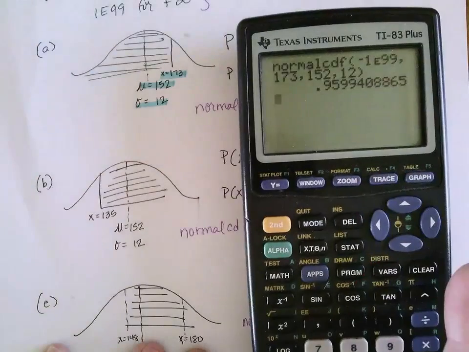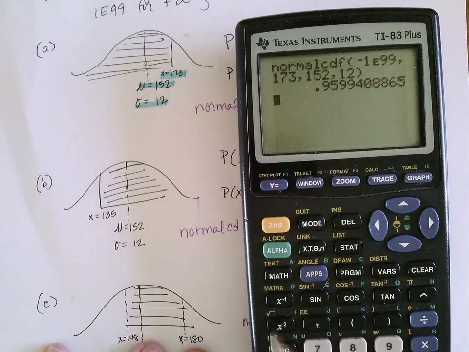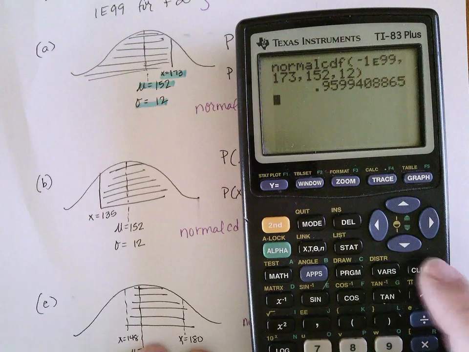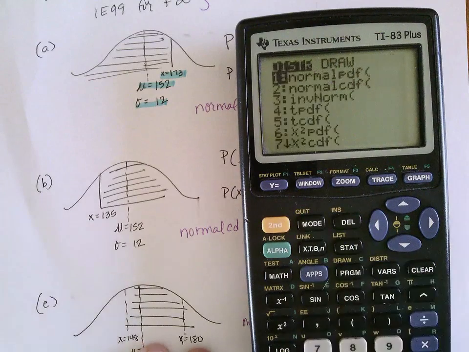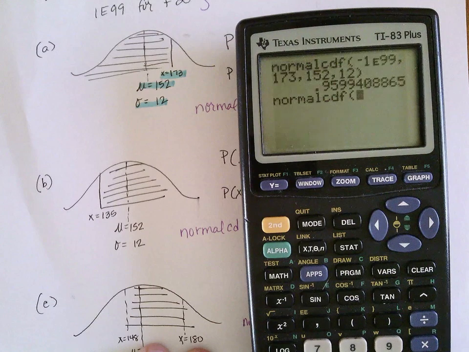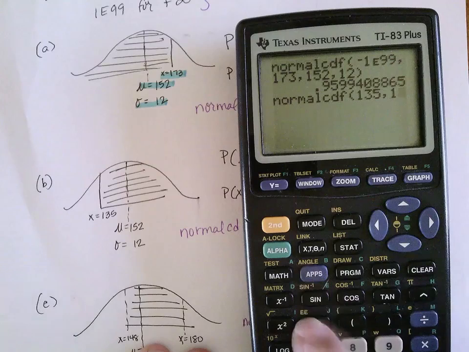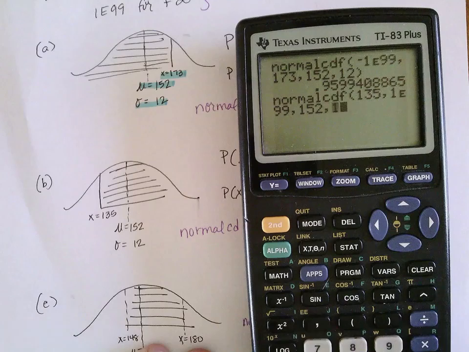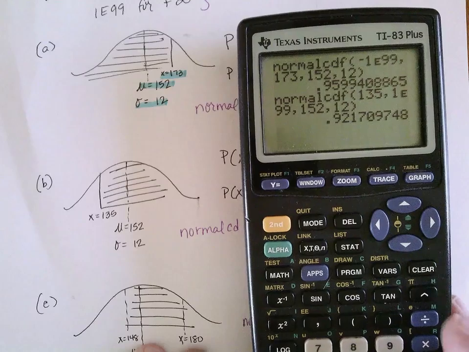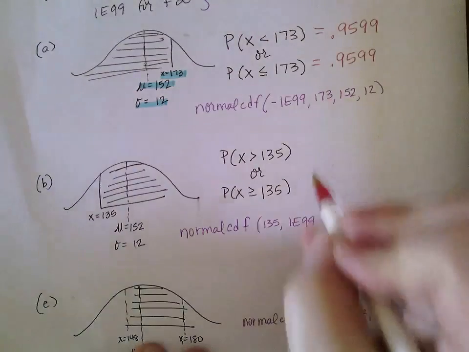So I could either hit second enter and redo the numbers after normal CDF, or I could go back and start all over again. So I have 135, comma, 1 e to the 99, comma, 152, and 12. And I get a value of 0.9217.